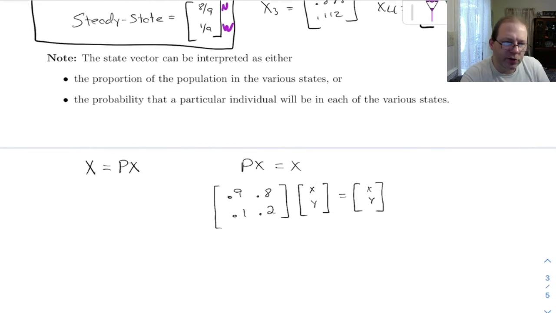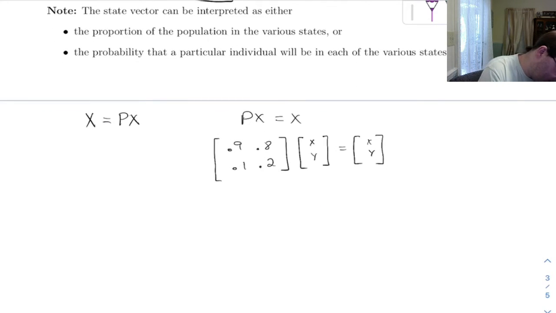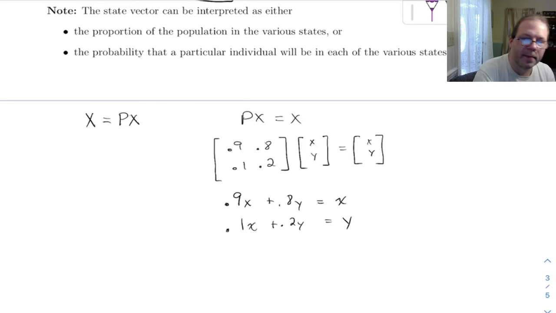This is a little weird because we've got variables on both sides, here and here. So I'm going to write this out as a couple of equations. It gives us 0.9x + 0.8y = x. It also gives us 0.1x + 0.2y = y.